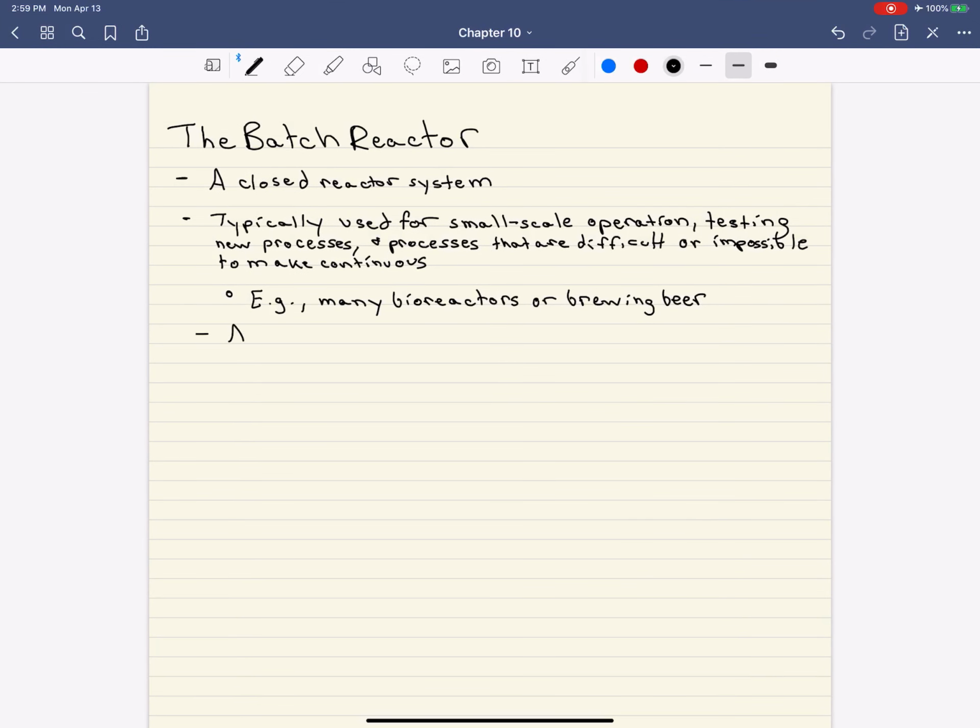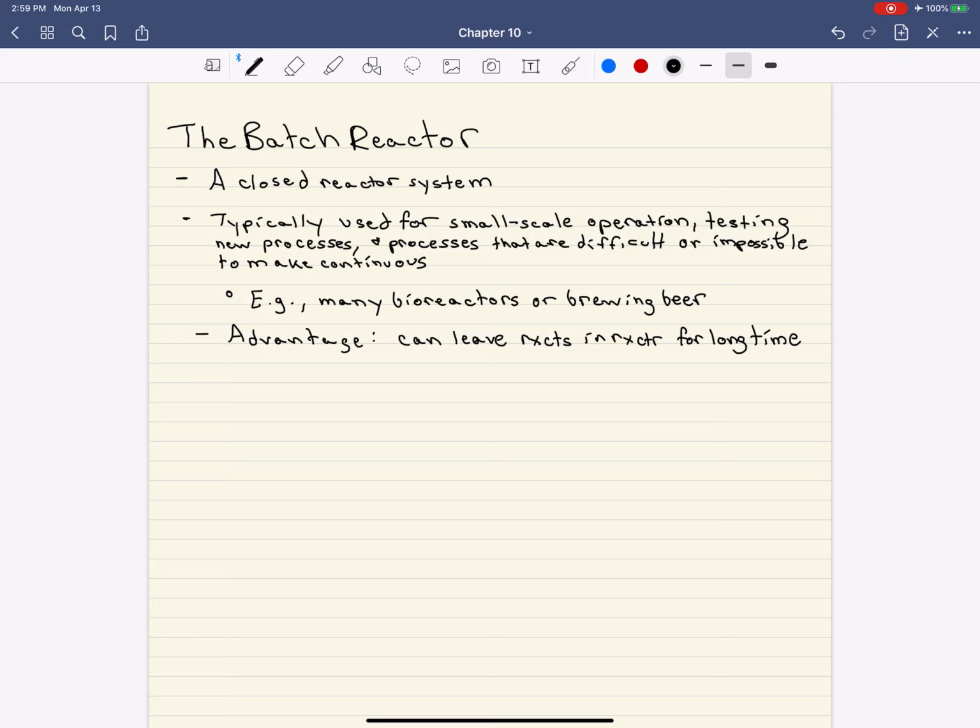Now, the main advantage of using a batch reactor over other types of reactors is that with a batch reactor, once you start the reaction, you could leave your reactants in the reactor for a long time.